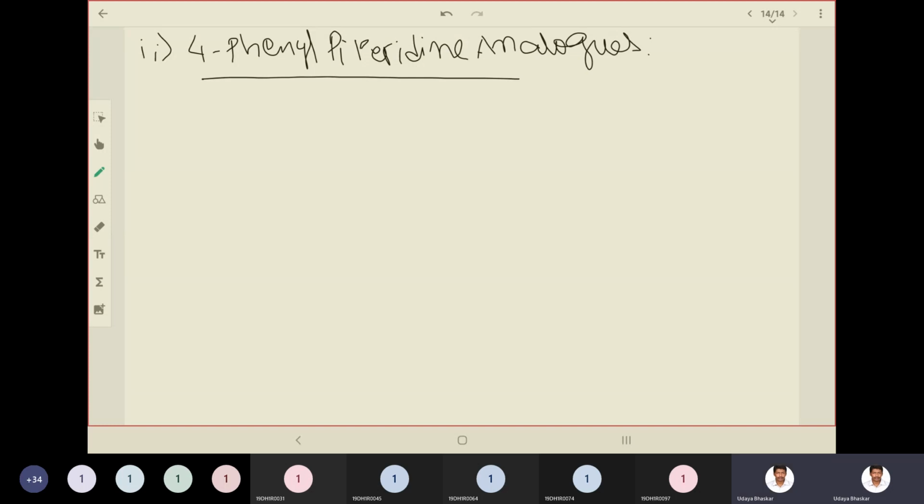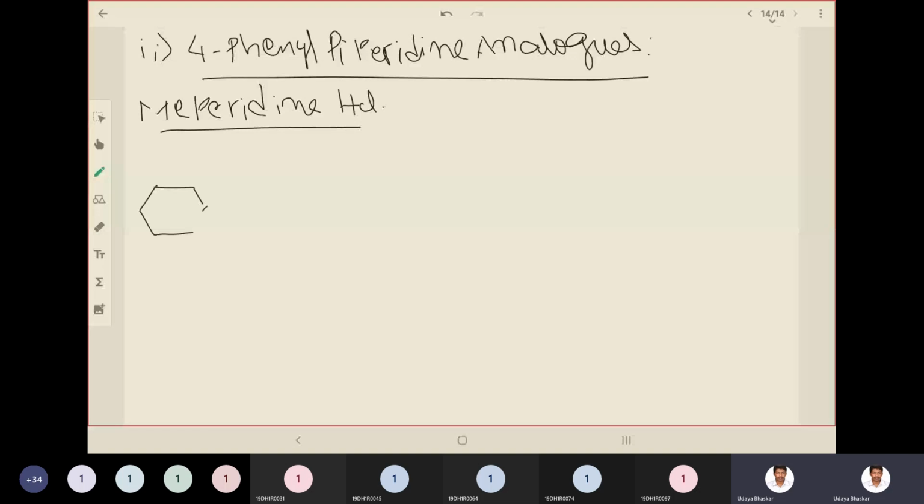The first structure is meperidine hydrochloride. Meperidine HCl. Let me write it in short form. So how it looks like. You have the phenyl ring retained and the piperidine ring.